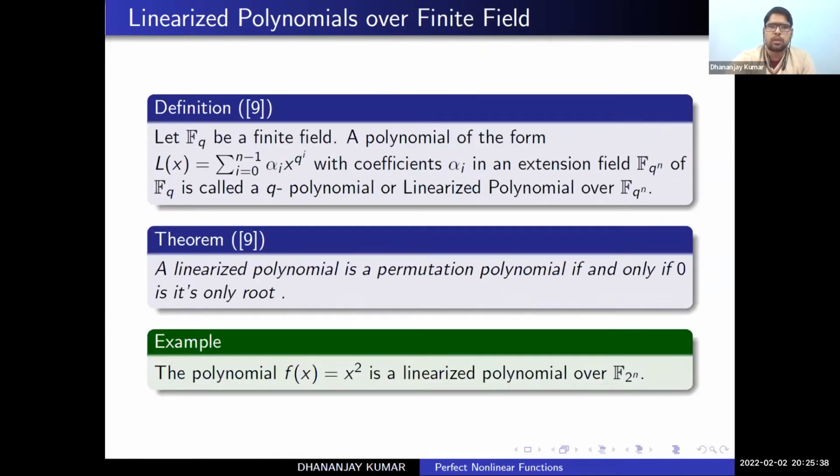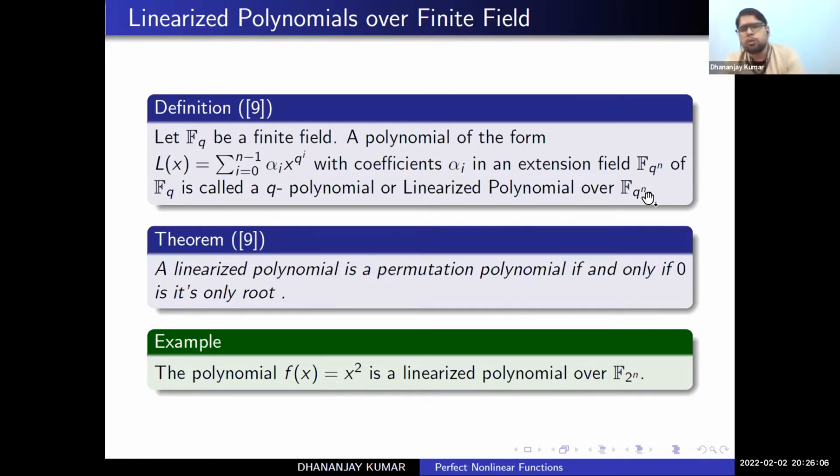Yeah. So let's continue. A polynomial over a finite field Fq of the form L(x) equals the summation of alpha_i x raised to the power q^i is called a linearized polynomial of Fq, where the coefficients alpha_i are from the extension field of Fq.